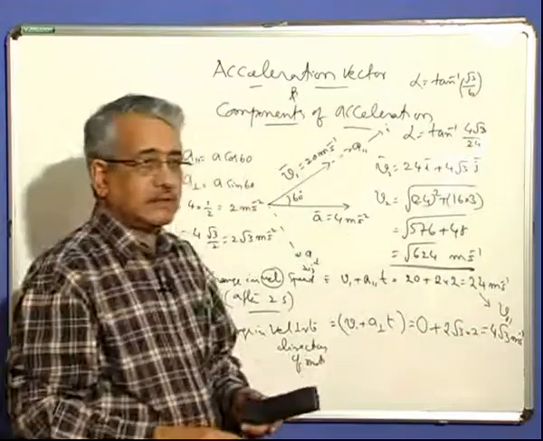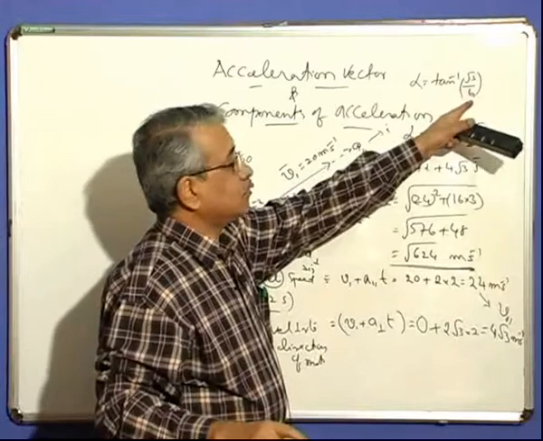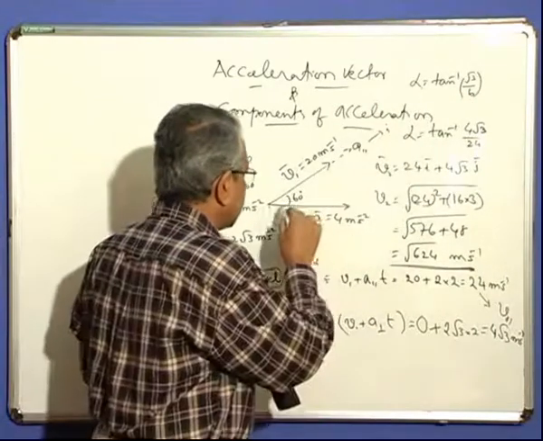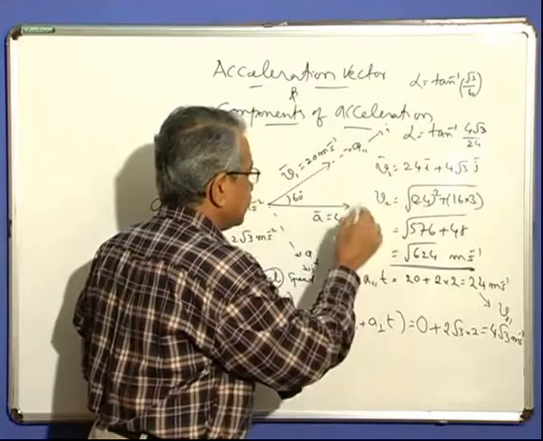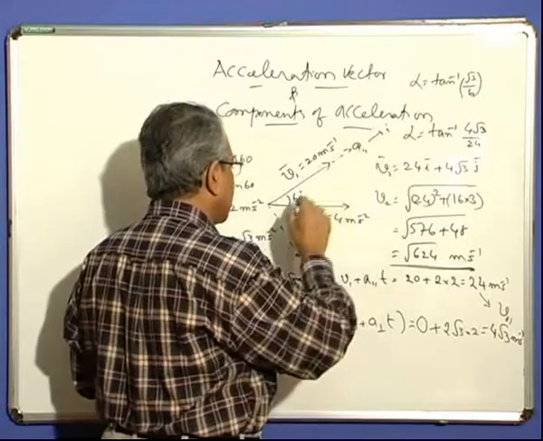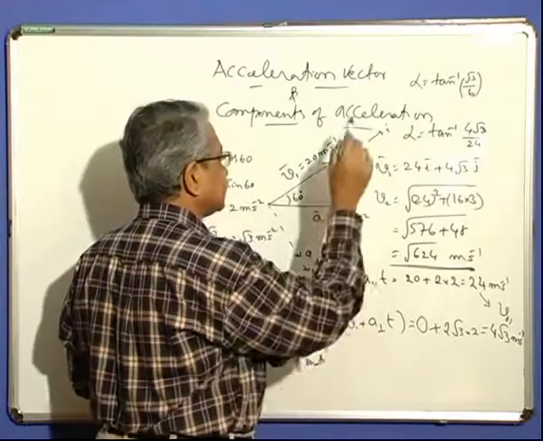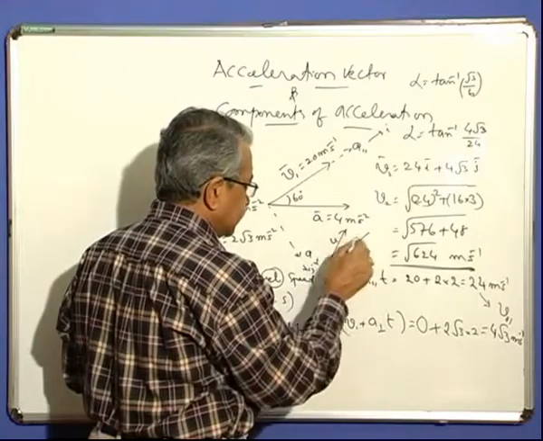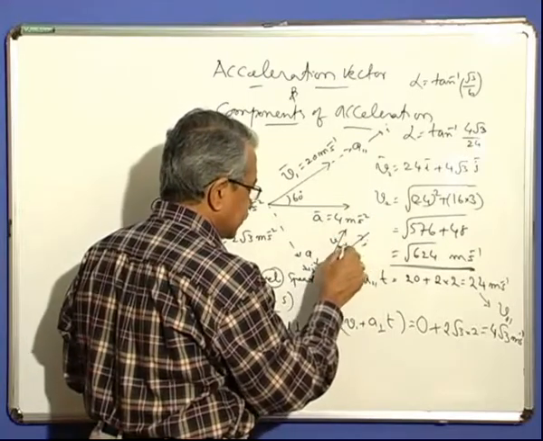You can still simplify, find the value of root 3 by 6 from the tables and then get the value of alpha, where alpha is the angle of that final velocity with reference to the i axis. This is the i direction, so v2 makes angle alpha with it.